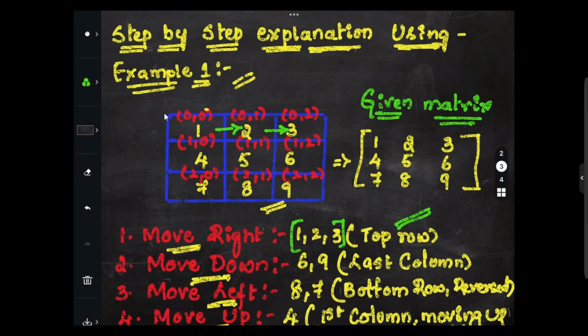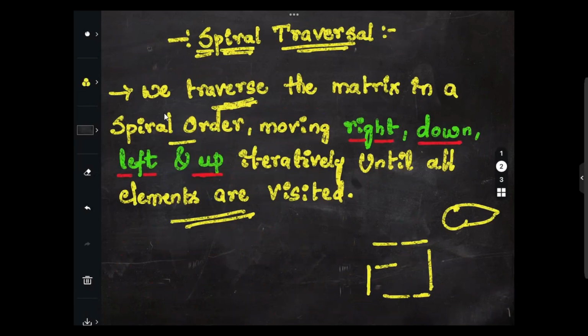The second move is down, spiral traversing. In the first step, we traverse the matrix in spiral order, moving right, down, left, and up iteratively. Just keep in mind we are not doing it recursively; we are doing it iteratively until all the elements are visited.